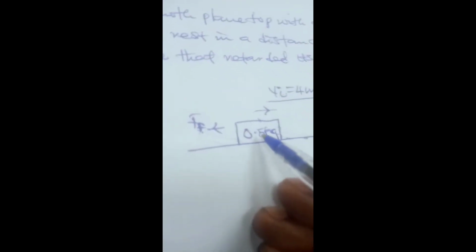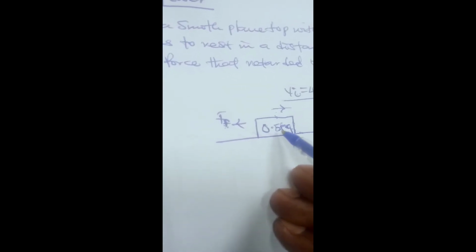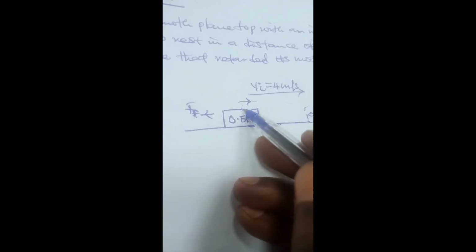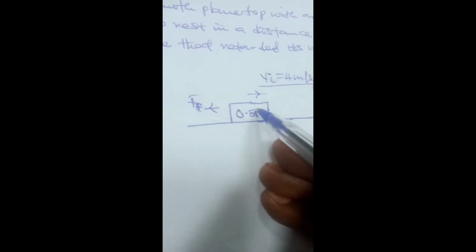Now, let's continue. Having known that this friction does serious work to bring this object to rest, the work done by that friction on this block is equal to the change in kinetic energy of this block.